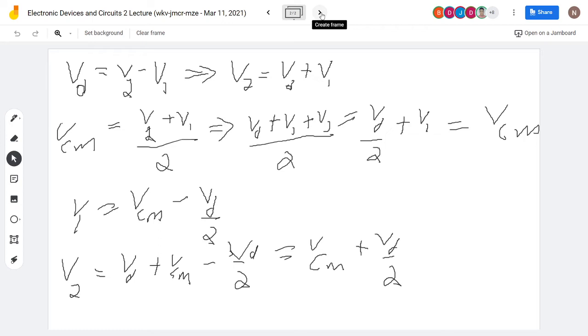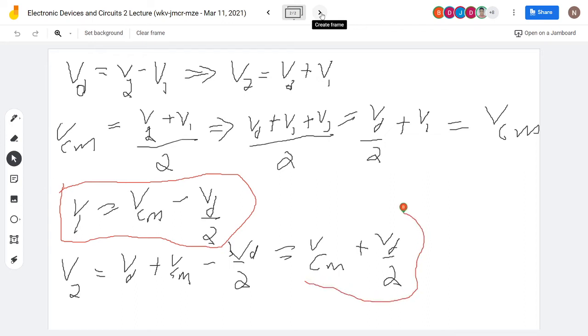So that's what V1 equals, and V2 is going to equal this. I should probably put that equals V2. So we know V1 in terms of VCM and VD, and we know V2 in terms of VCM and VD. So that's kind of important.